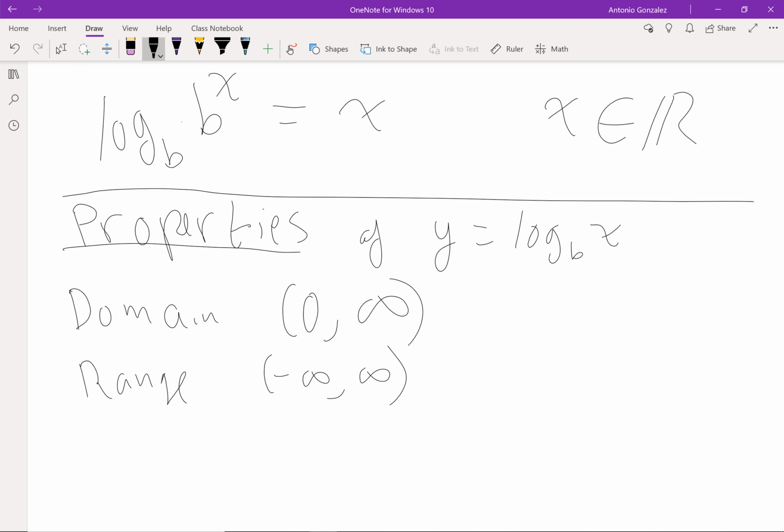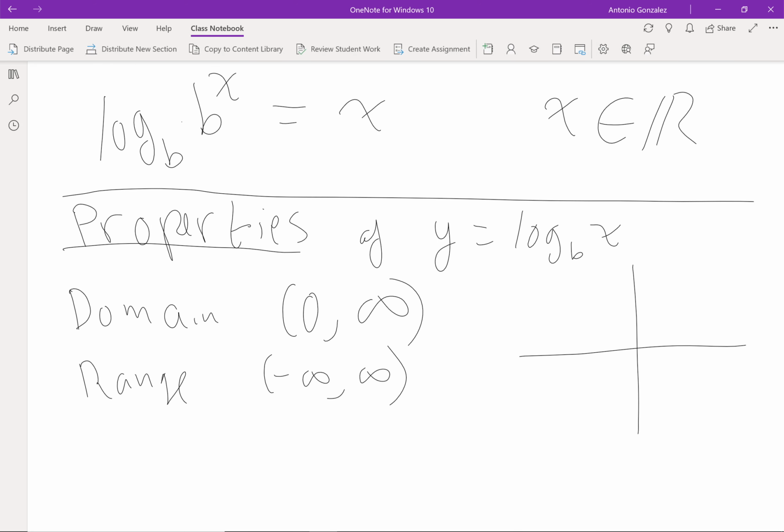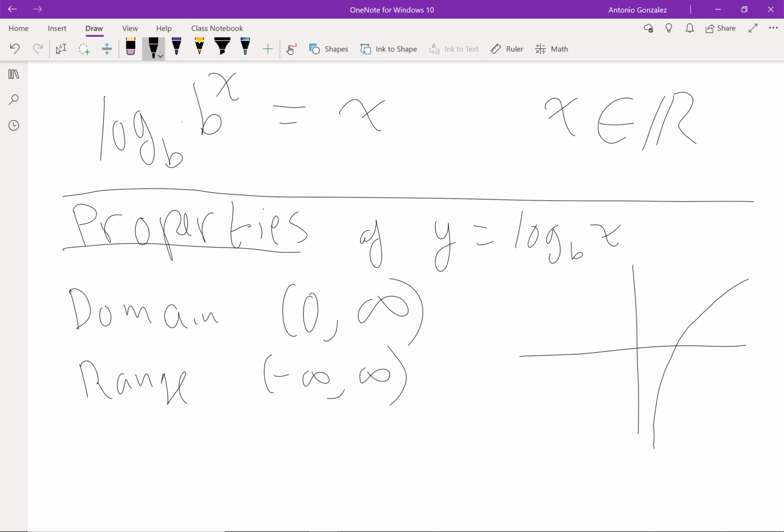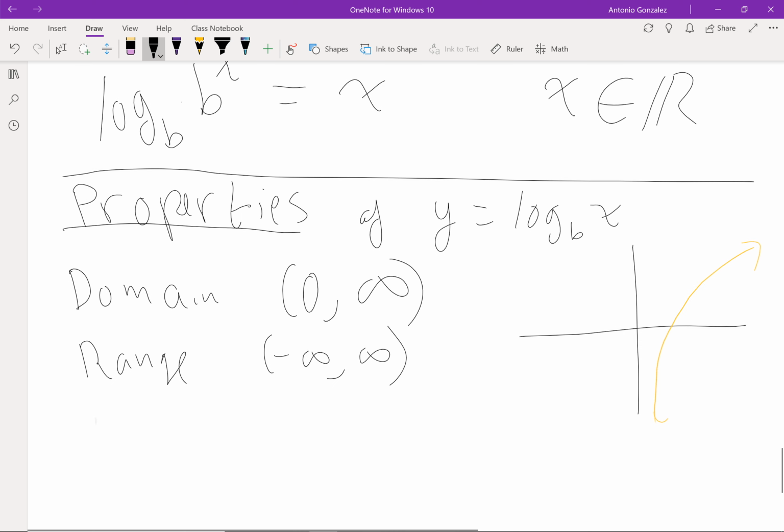Since it is a logarithm, it does have this general shape. I can see the domain and the range shown there on the graph.